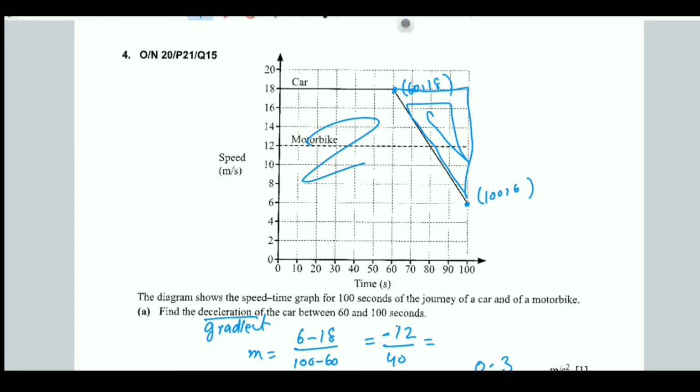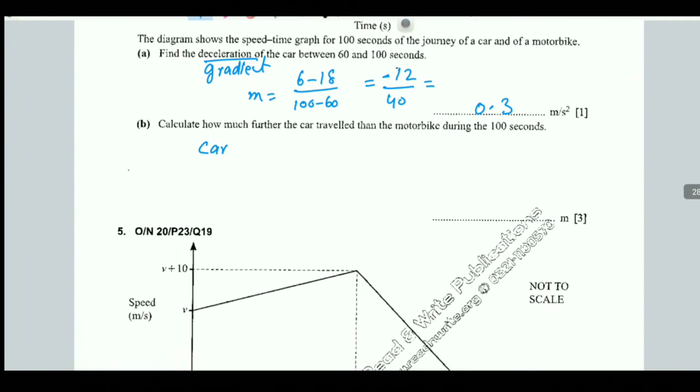You will get the area of this part. So let's start. Car is equal to 18 multiplied by 100, the area of the rectangle, minus the area of the triangle, 1 over 2 into 12 into 40. So that will be equal to 1560.